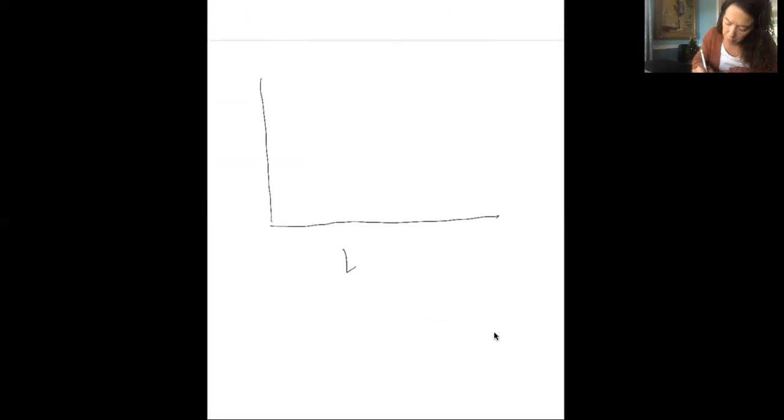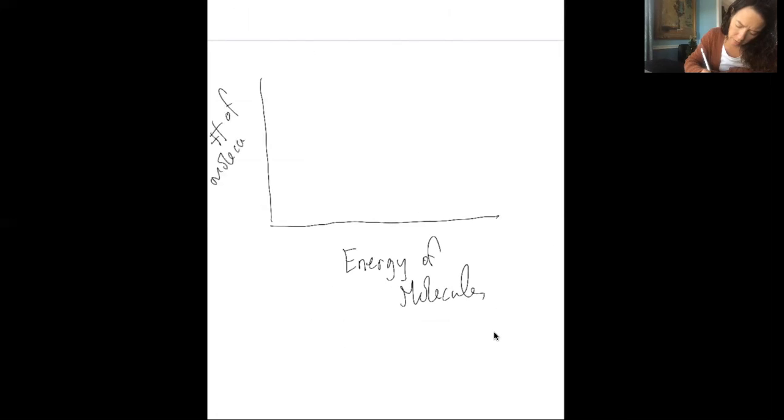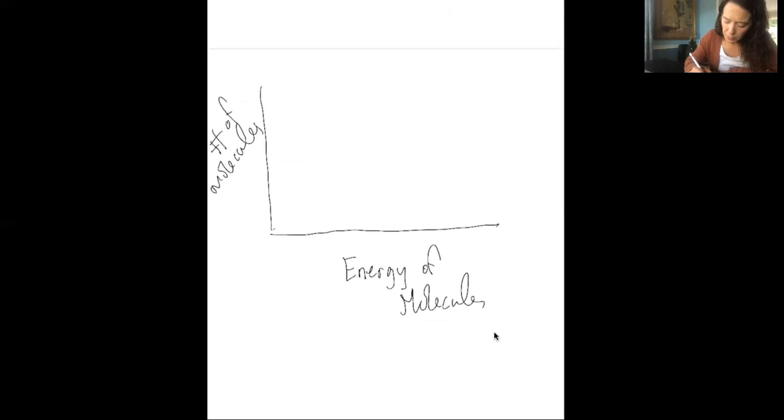Okay, good. So down here, we're going to put energy of molecules. And over here, we'll put number of molecules, okay? And we've seen something like this before. We could have a curve like this, okay? And then I want you to think what's going to happen if we raise the temperature.